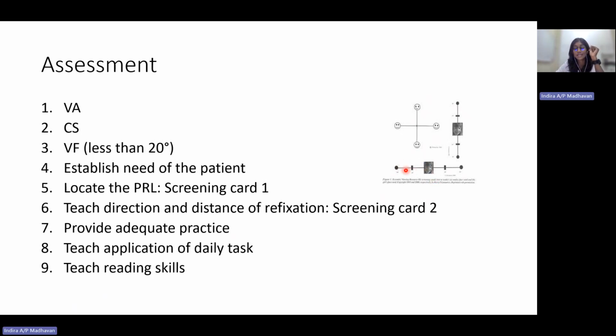So that the patient does not need this chart to look at every time, it's not like that. Okay, I'll try to rephrase it.